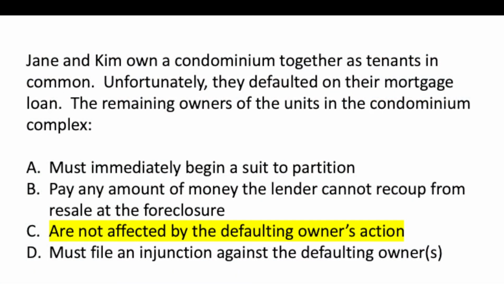With a cooperative, it's a little different because a cooperative is stock in a corporation, but with a condominium, you actually get a deed. And so in this question here, and be sure and read these questions 3 times, I wanted to wrap this up for you because I tried to keep these a little quick. But this was our 5th question. In a condominium, nobody else is affected if you default on your mortgage or don't pay your taxes.